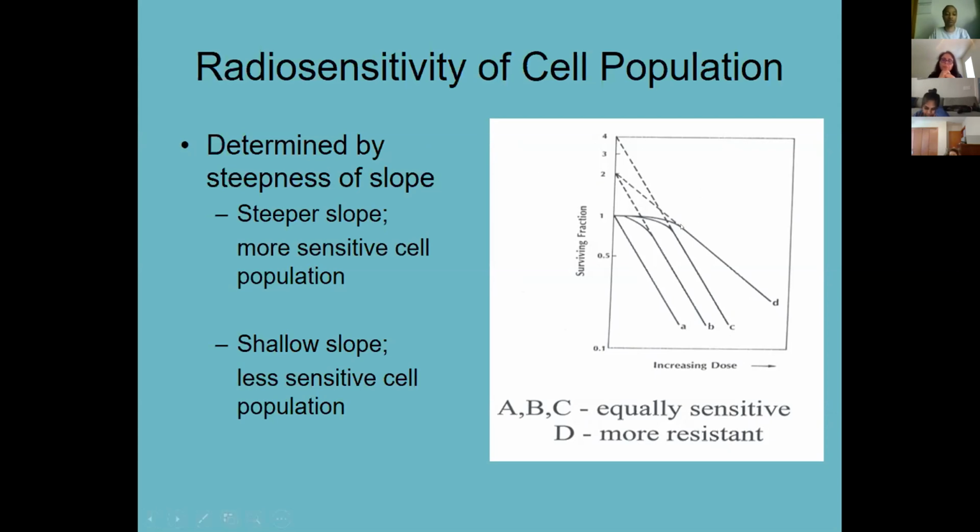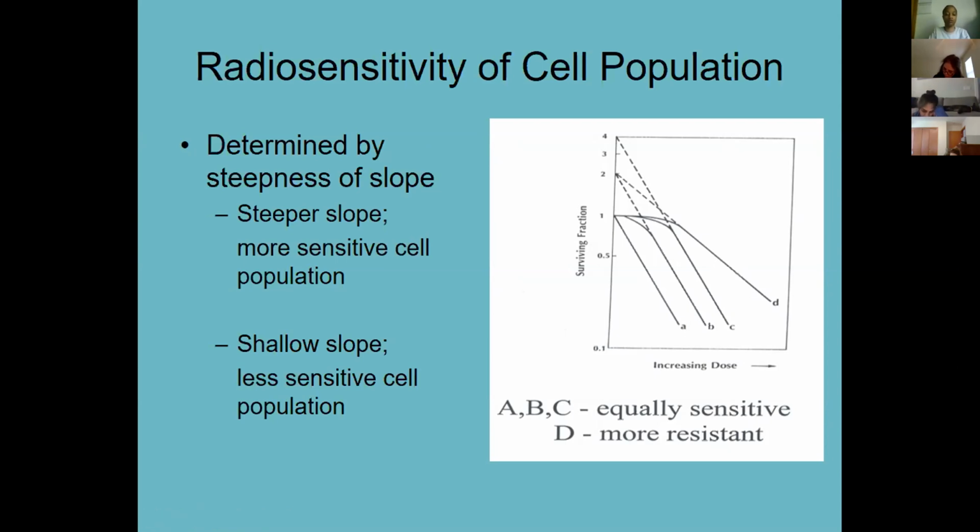But look at curve D. It's a sigmoidal, but its slope is very shallow. Since its slope is more shallow, it is not as sensitive to radiation.